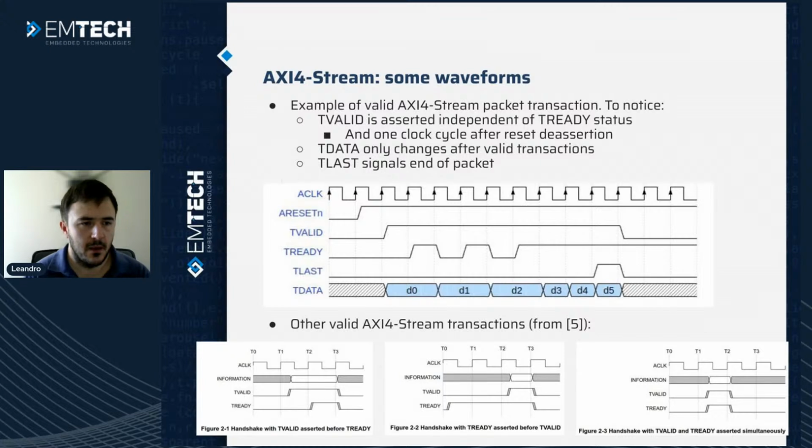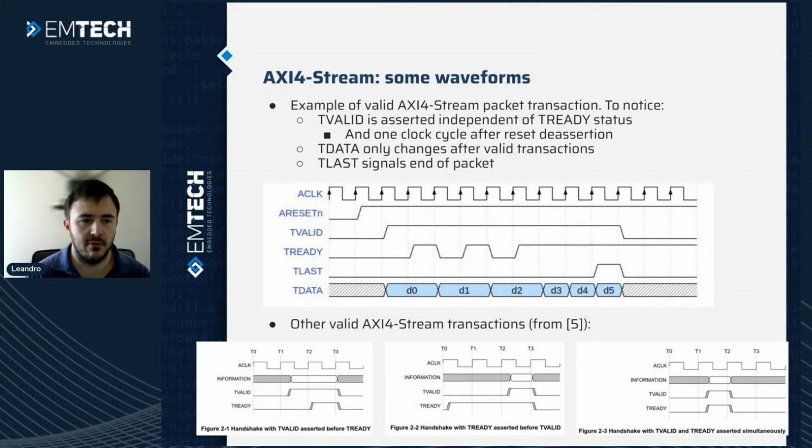This would be similar to a downstream module introducing some kind of back pressure, and you will see that TDATA is actually kept stable for 2 clock cycles for D0, D1, and D2, because there's only one valid transaction for each of them, and then TREADY goes high continuously after D2.